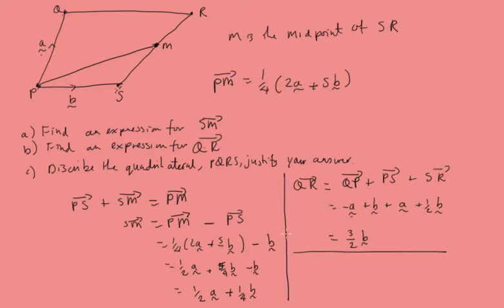I've got room for this one, so let's look at QR and PS. So QR is equal to 3 over 2 PS. Therefore, QR and PS are parallel.